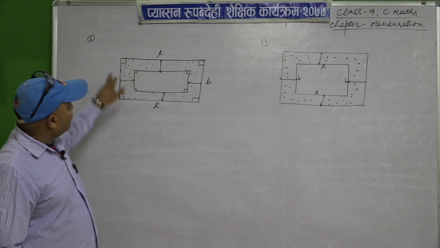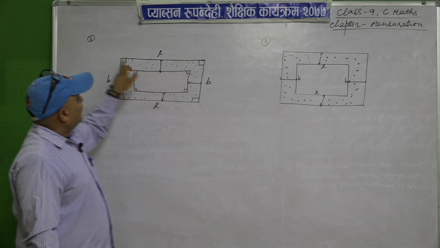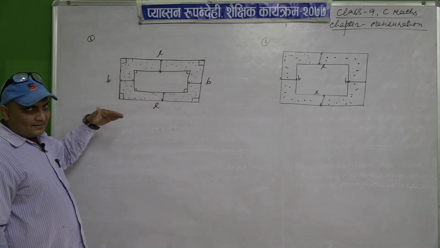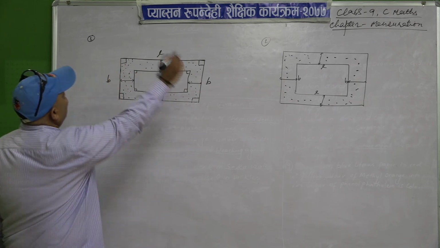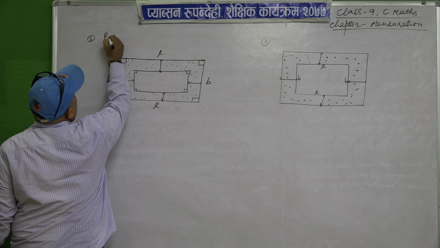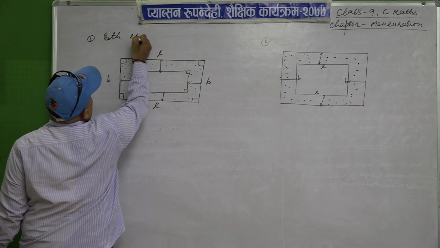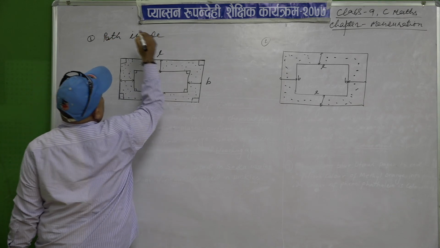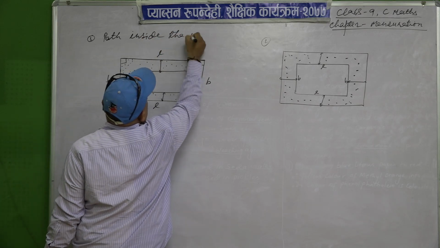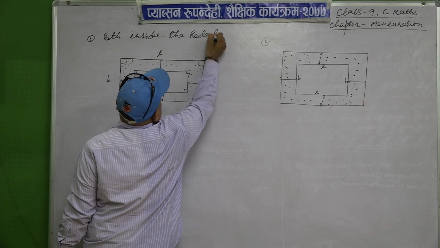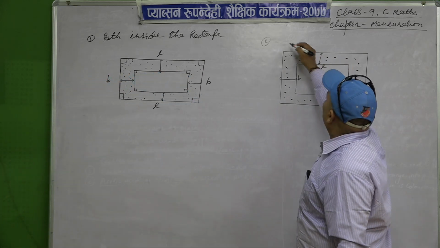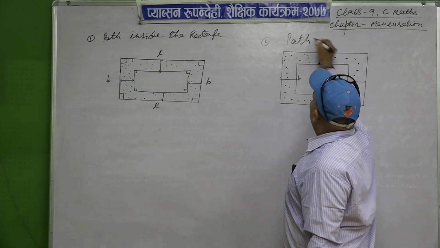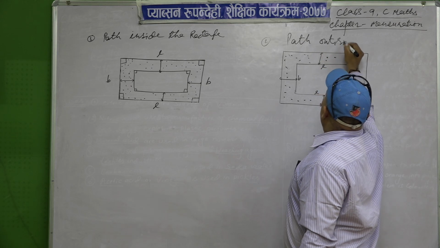Okay. So this is the condition of path inside the rectangle, because the length and breadth of the bigger rectangle is given. So the condition is called path inside the rectangle. And in this condition we say path outside the rectangle.